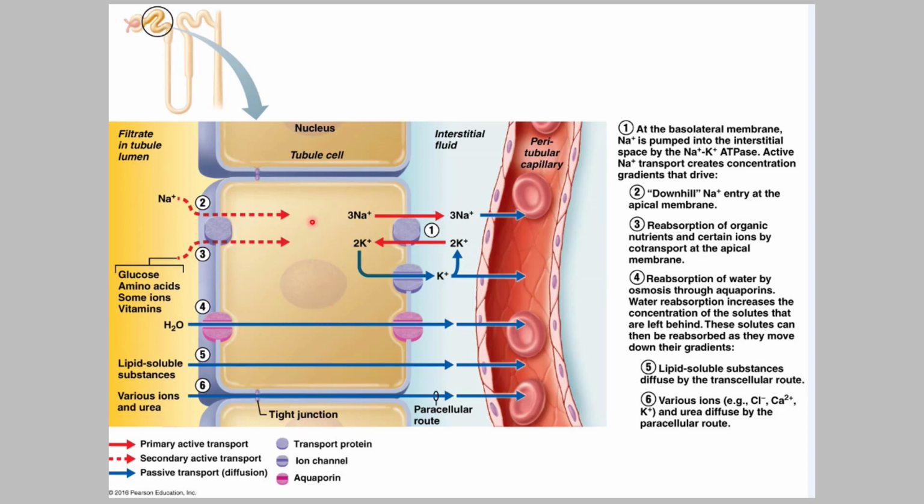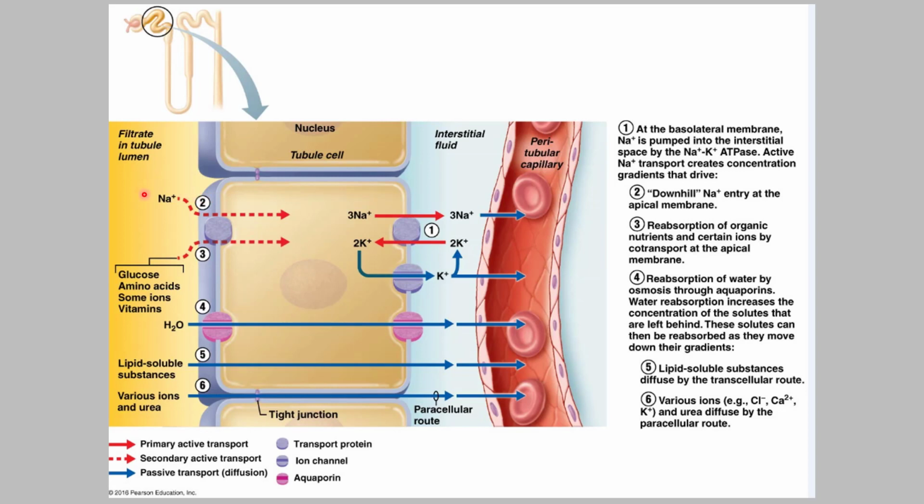If there's a low concentration of sodium here, and there's a high concentration of sodium in the filtrate, what's going to happen? Sodium in the filtrate is going to want to leak into or diffuse into the cell. And it does.